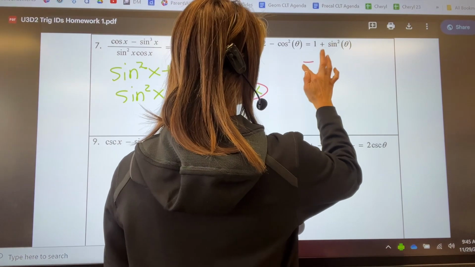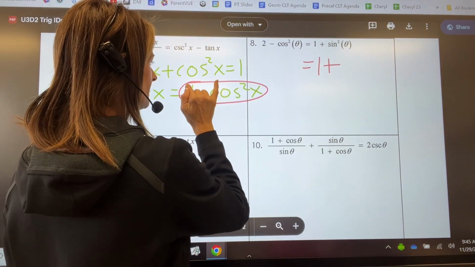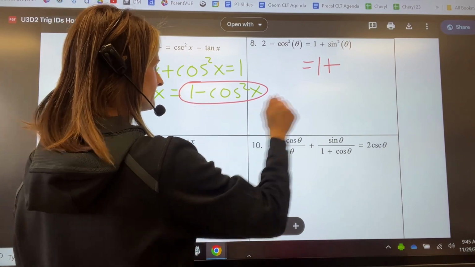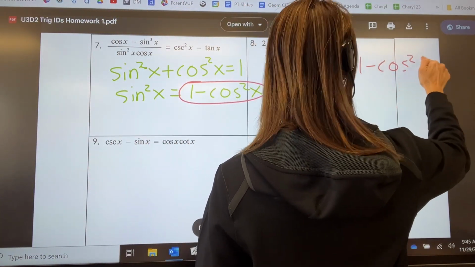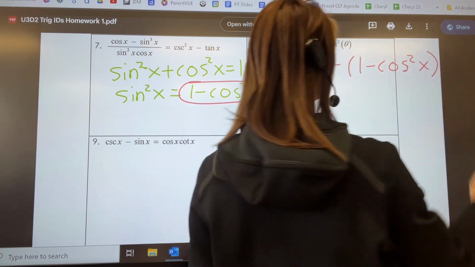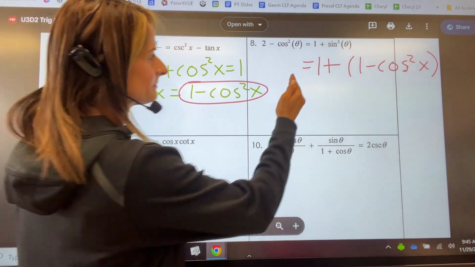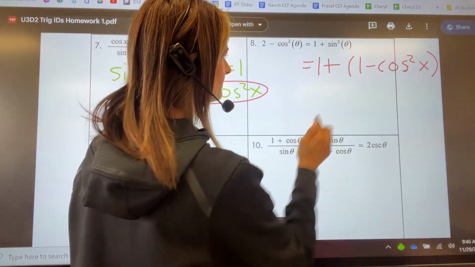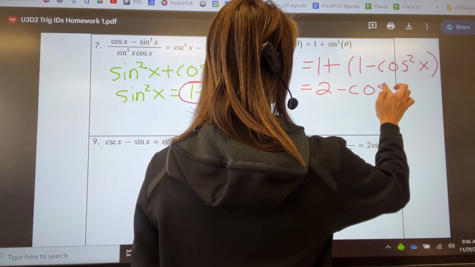So I'm going to put my equals on the left, 1 plus, and now I'm going to substitute in the entire quantity, so in parentheses, 1 minus cosine squared of x. Now we can see where this is going, because 1 plus 1 is 2. So there's our 2 minus cosine squared of x.